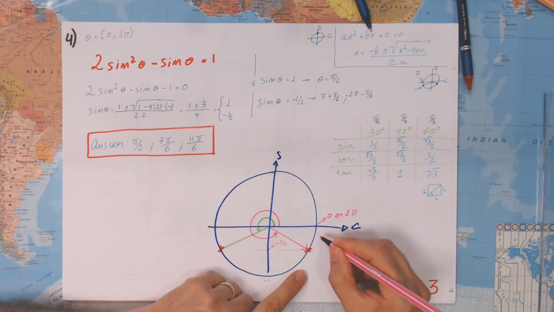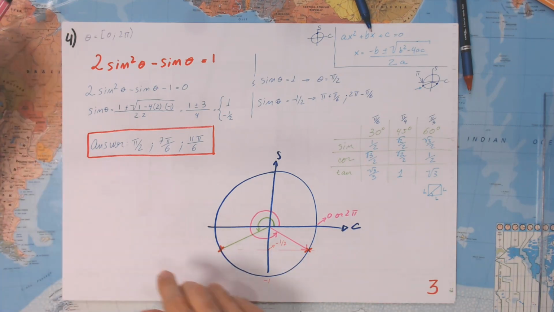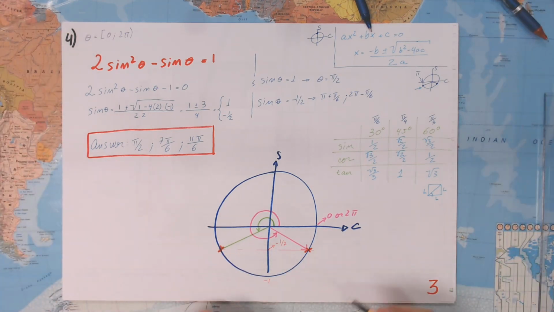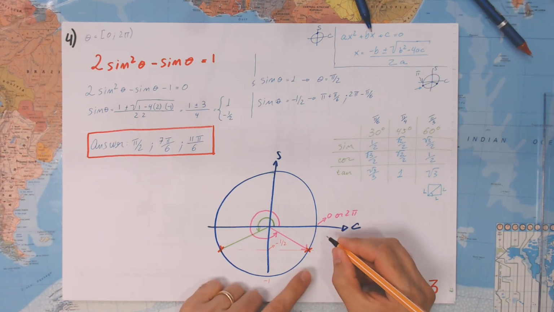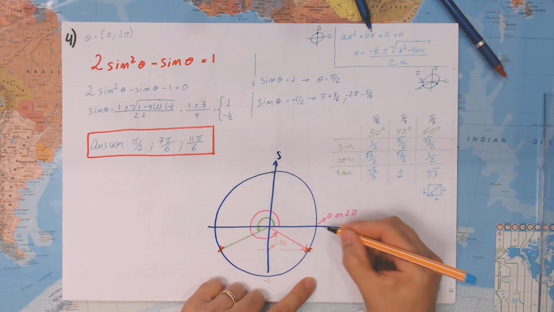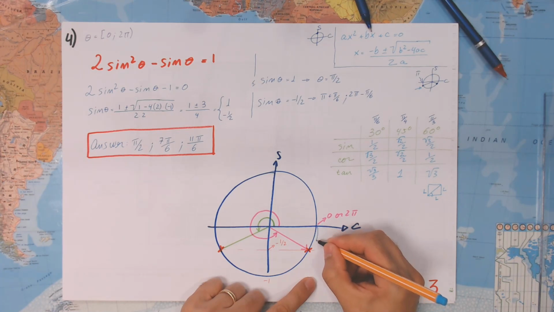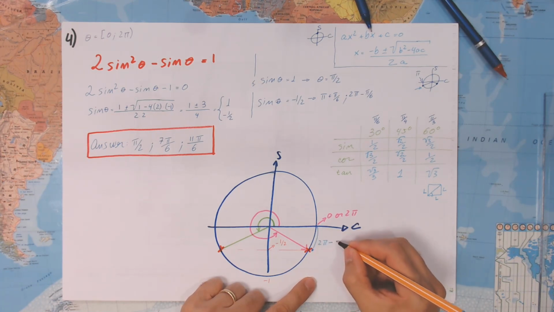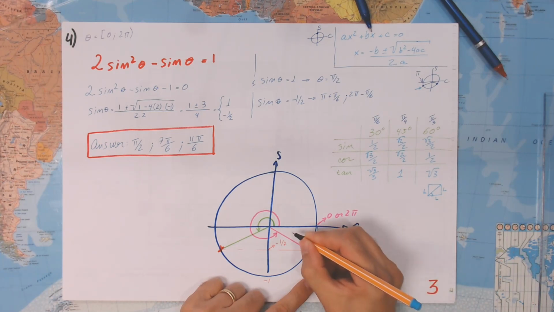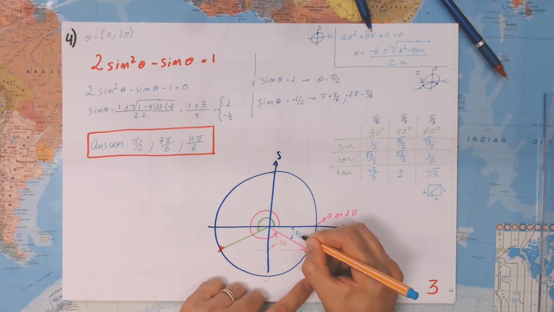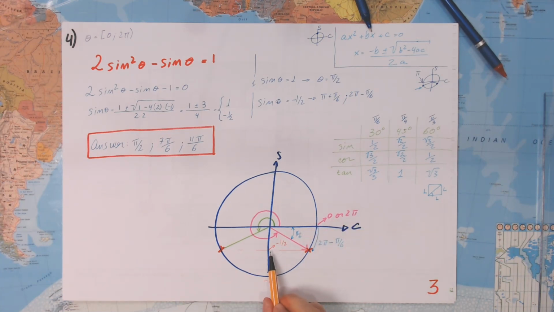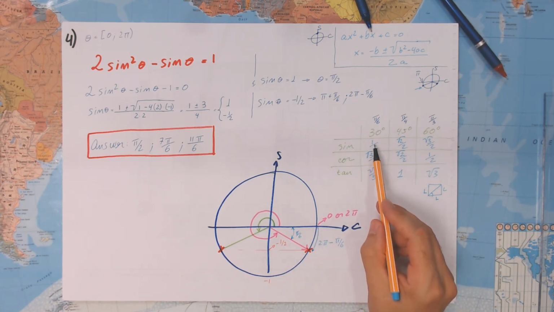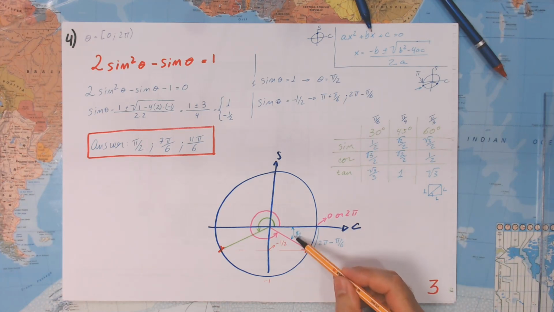And what is going to be that angle in here? That angle, it is going to be 2 pi all the way minus, if we just have to return, this is just 2 pi minus pi over 6. Why? Because this is pi over 6, isn't it? Because the sine is half when we have 30 degrees. So this is 30 degrees, okay?